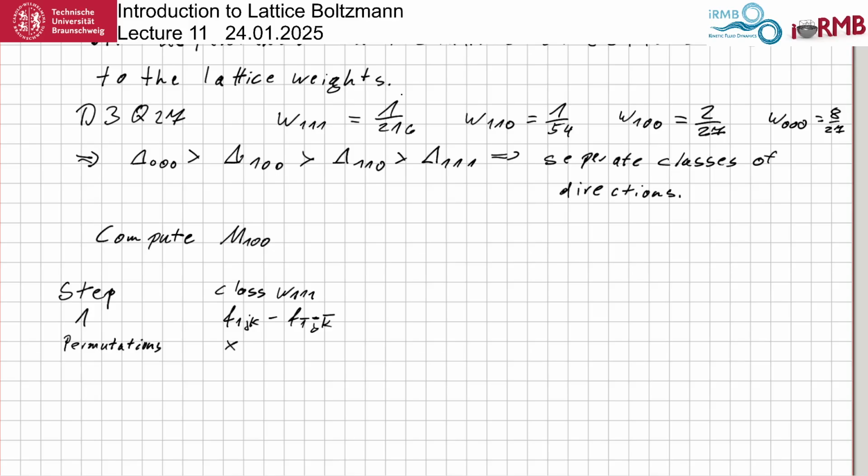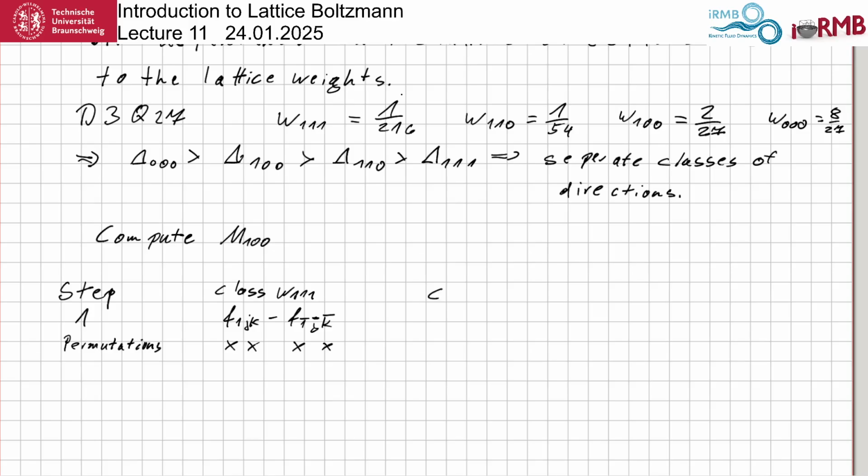So there are 2 indices. They give us 4 different permutations. Yes, this is 4 permutations.